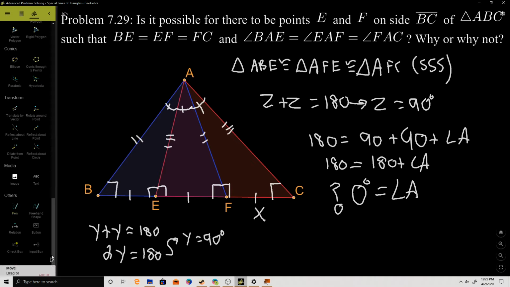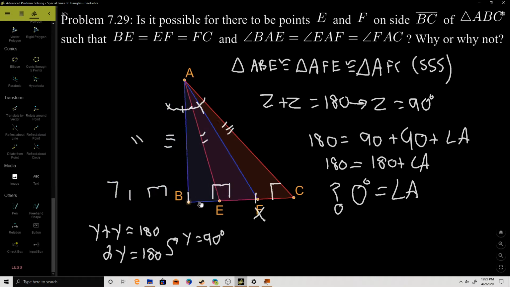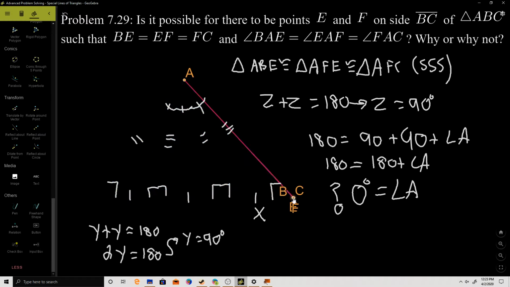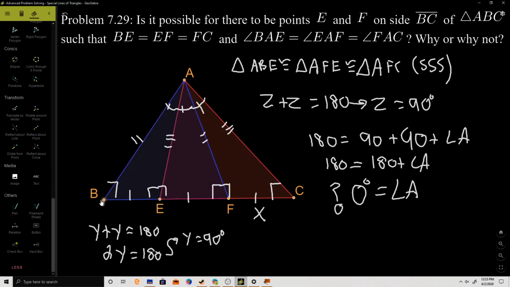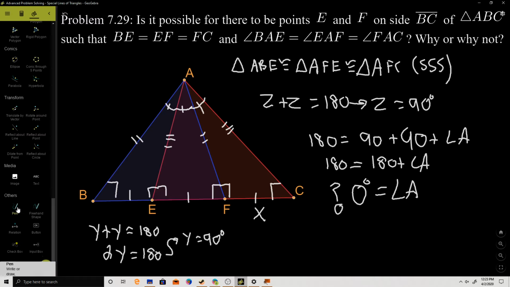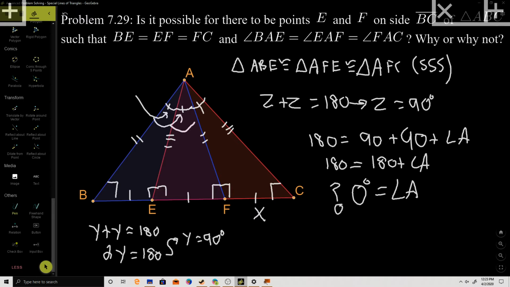Because if A has an angle measure of 0 degrees, that means it would be a line, just like that. There would be no angle measure at all to work with. So that can't be true. And it also implies that every one of these angles, everything here, here, and here, is 0 degrees.